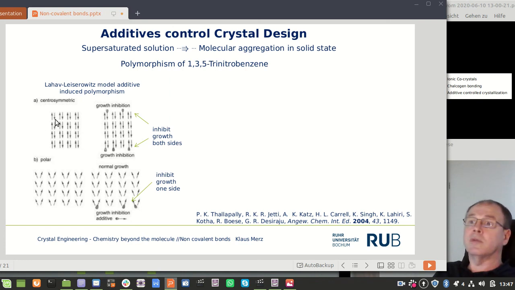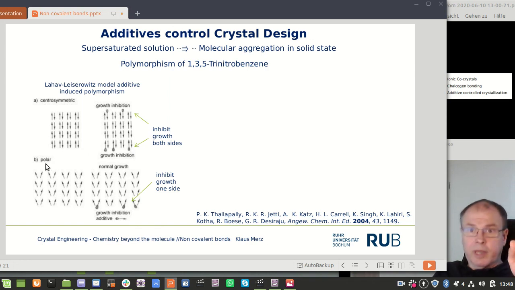Yes, it's always an inversion center here, inversion center. See it here. So, if you have an additive, the growth inhibitor, this is the additive here, it inhibits in this direction, you see it here, and in this direction, both directions.